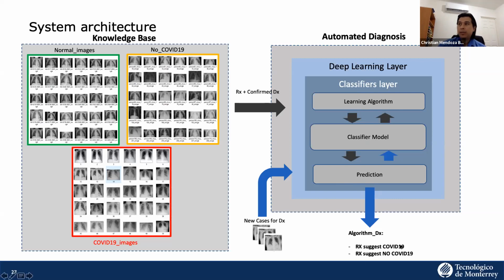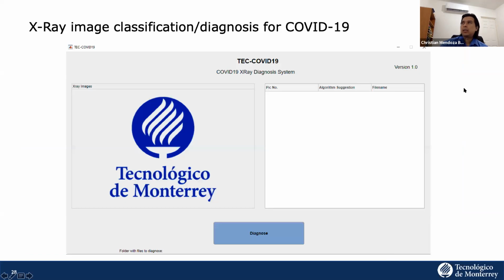So that's everything. It's the output from the computer model, and some new images that may come into the model will go out as COVID-19, or no, it's not COVID-19. That's all it does. And this is how the application looks. So the application we coded looks like this.